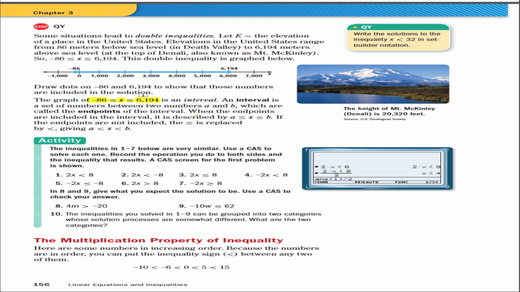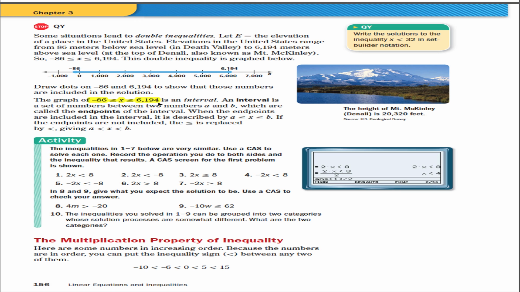We might say that x is greater than or equal to negative 86 and less than or equal to 6,194. You'll notice in an interval that the inequality symbols always point the same direction, because we begin at an endpoint and go to the other endpoint.